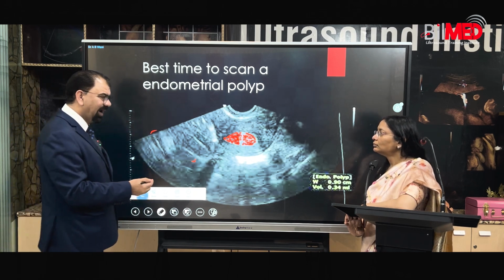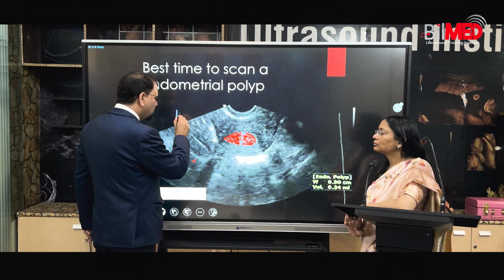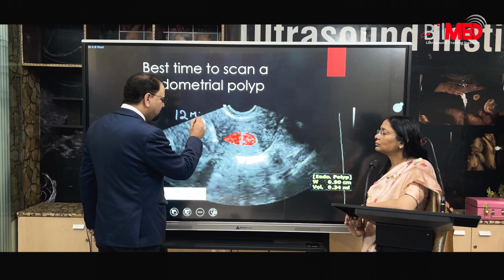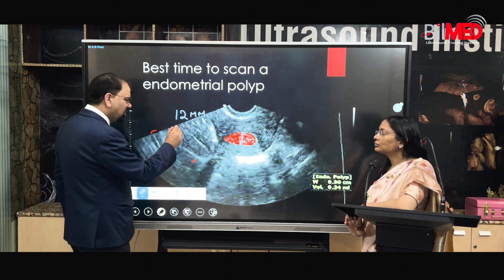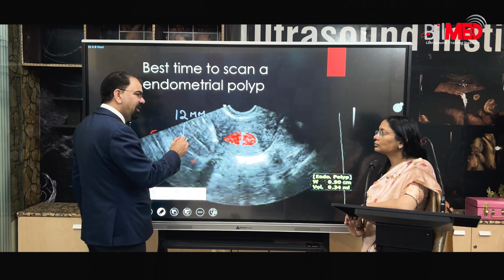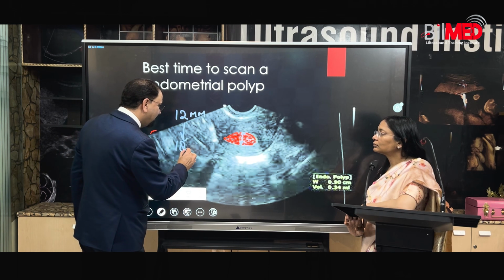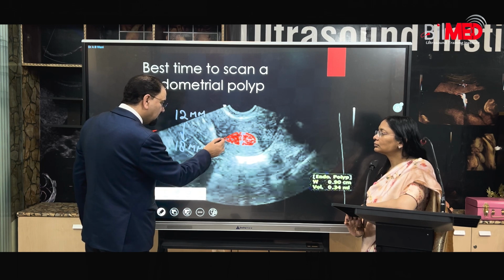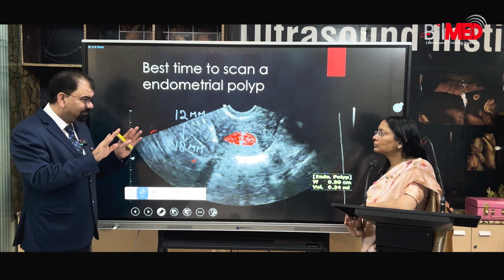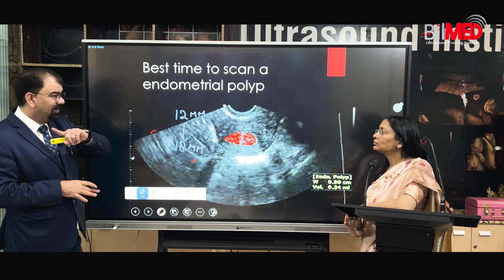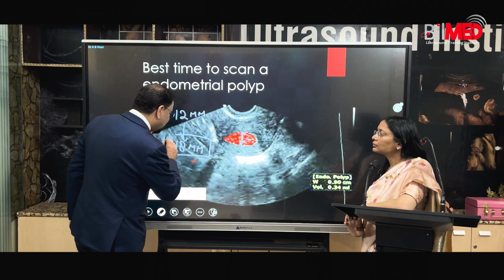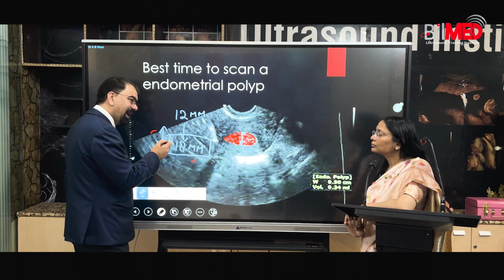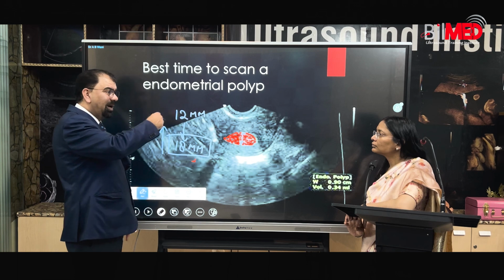If I am expecting a 12 millimeter endometrium in a patient, but all of a sudden I have an 18 millimeter endometrium, I am not seeing a polyp because I am in luteal phase. But this 18 mm is itself a clue that I may be dealing with a polyp.